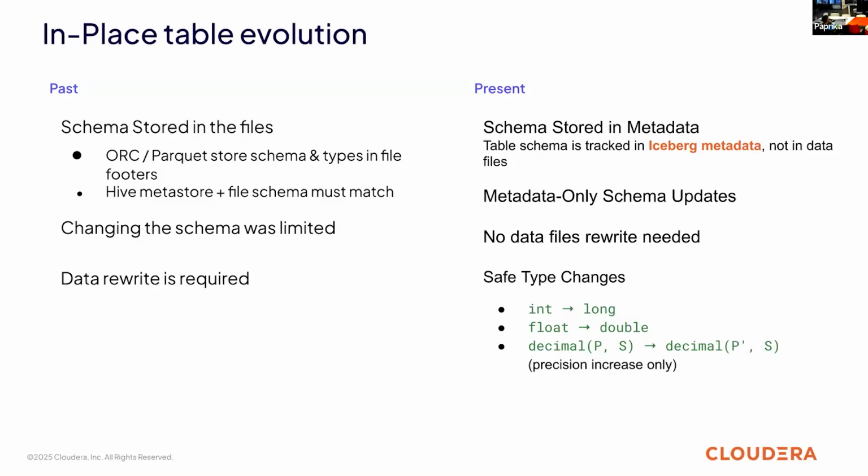Also, there is an option to change the type, which is not something that we like, but it is possible. Of course, only for safe changes, int to long, float to double. But for example, float to byte wouldn't be a good idea.